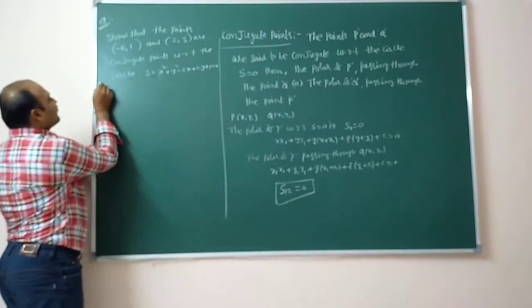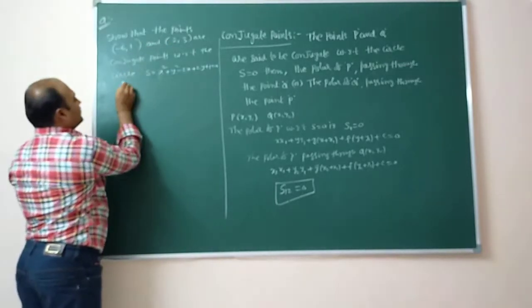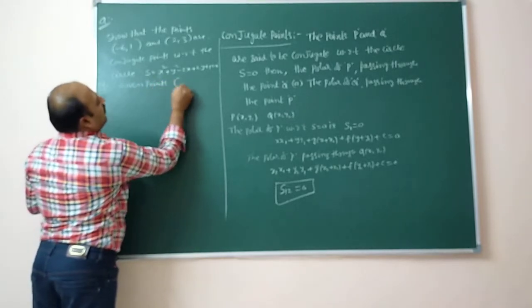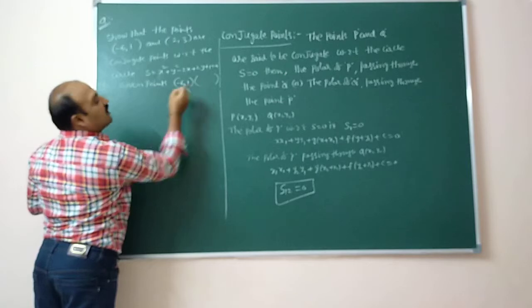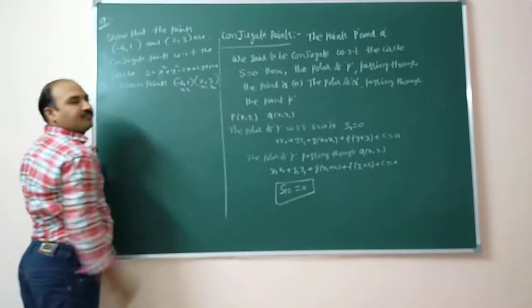Observe carefully. First, the given points. The first point is (minus 6, 1), that is x1, y1. The second point is (2, 3), that is x2, y2.